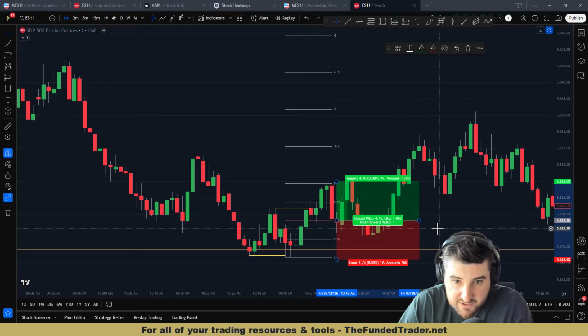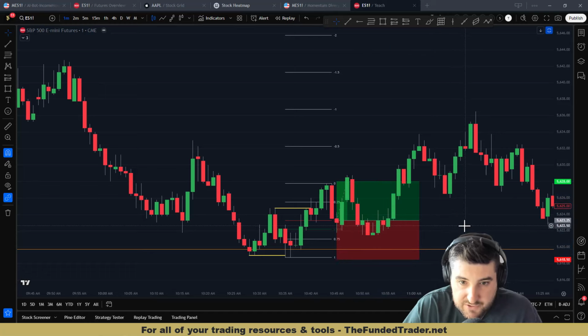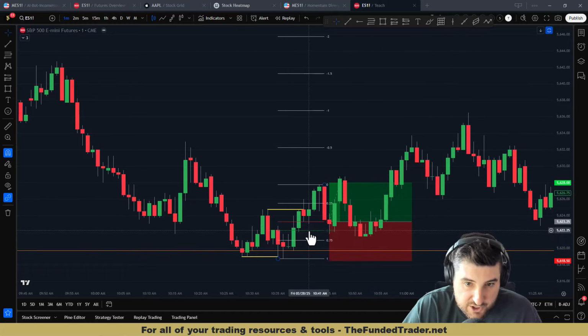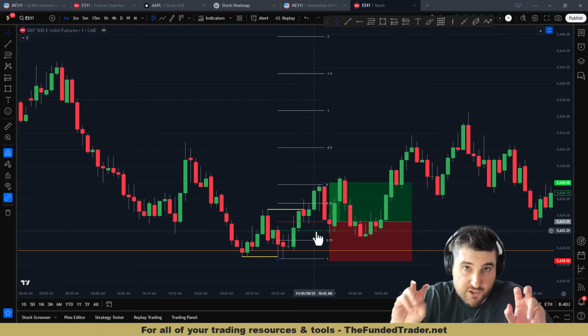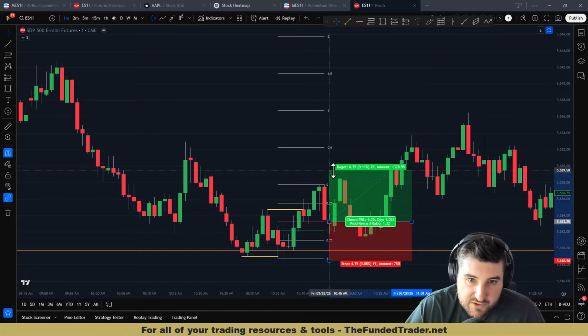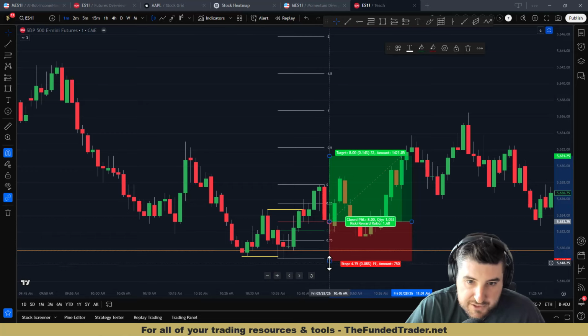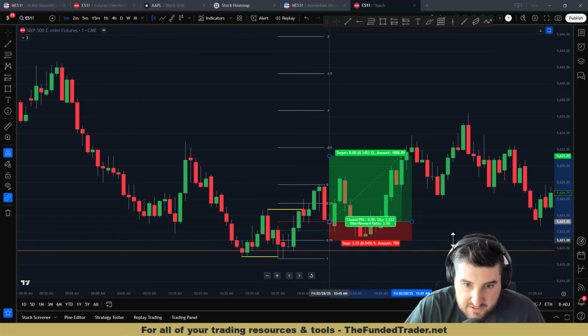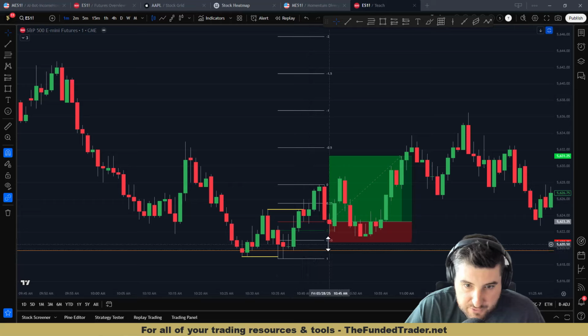So let's just say we're going to stick with the 50% entries. This one, you could have got a better entry at 618 or not 75, but 618 is like the golden zone. But sometimes you don't get tapped in. So let's go 50%. Again, we want to be below 0.75.